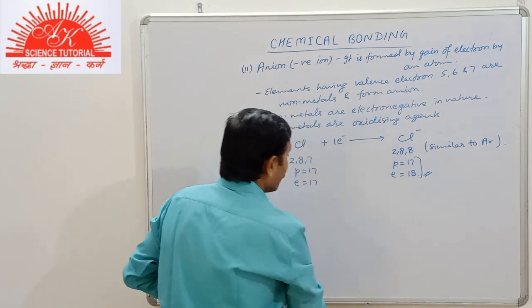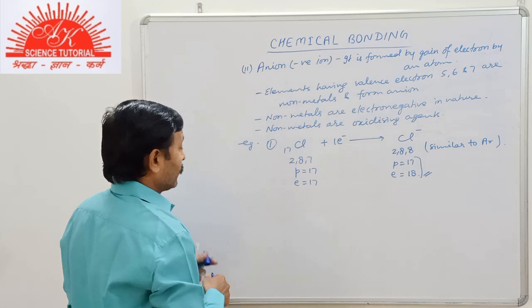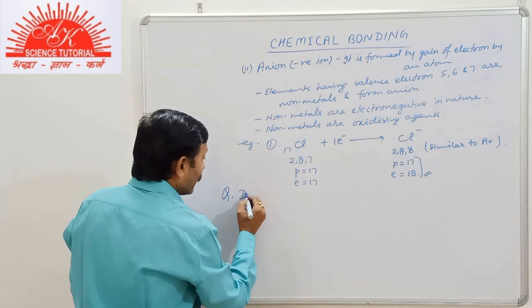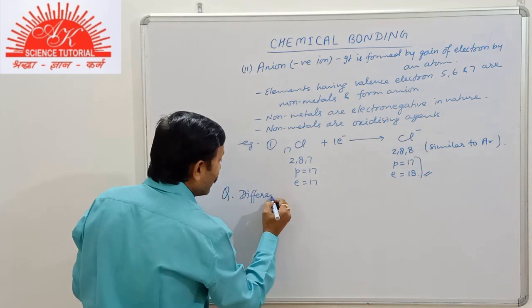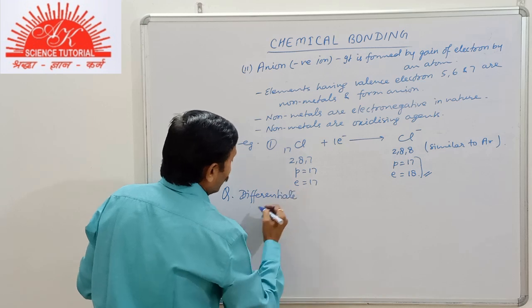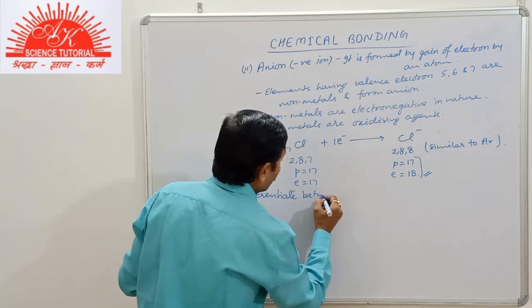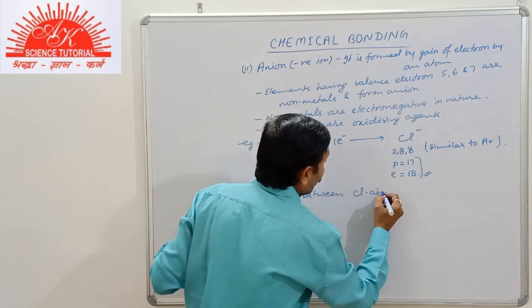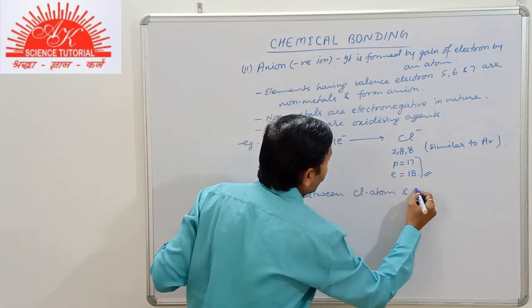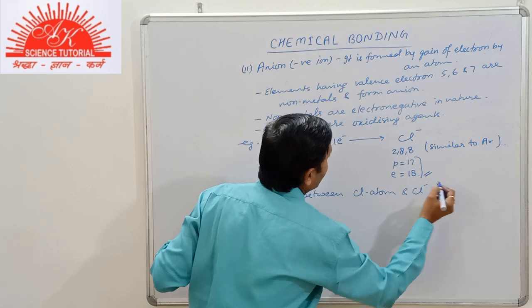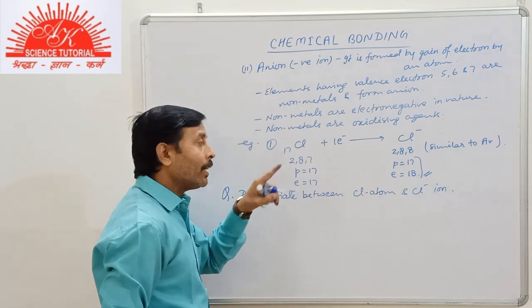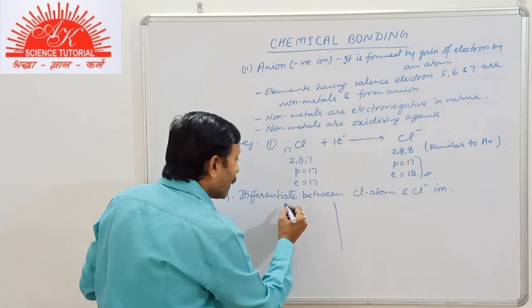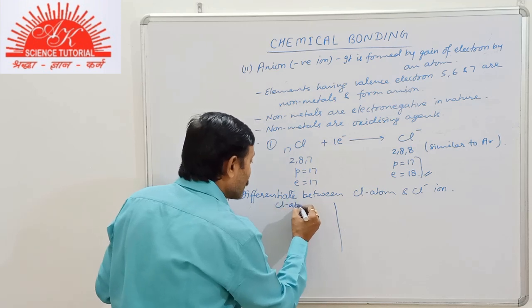Now as we have studied in cation part, similarly here is also the question, differentiate between Cl atom and Cl minus ion, that is the chlorine atom and chloride ion. You can again compare on the similar basis.